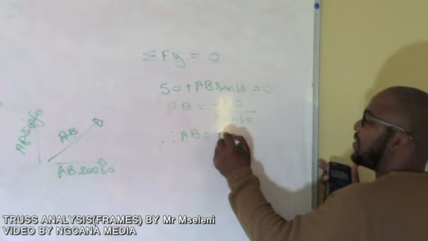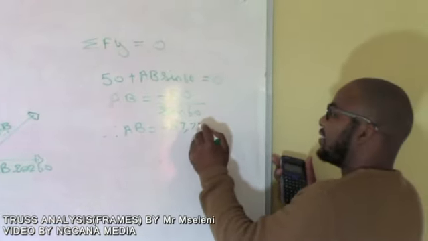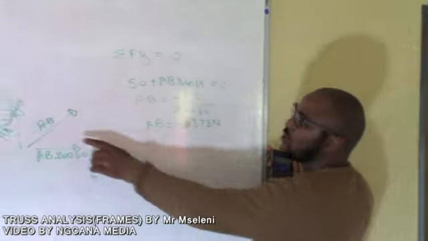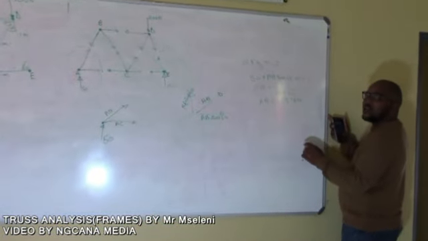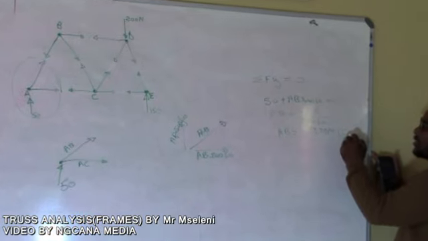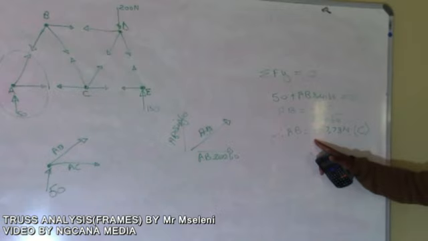Your answer is going to be negative 57.73 newtons. Once it says it's negative, since you assumed that your AB is in tension, it simply means that your AB is going to be in compression. You can just indicate compression and then leave your answer like that.